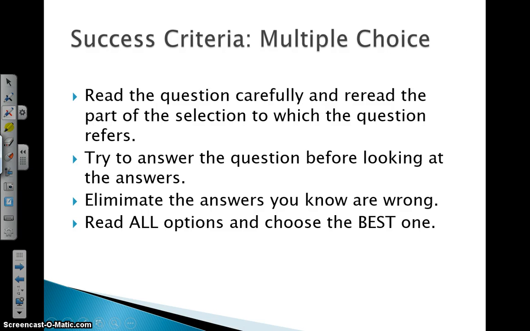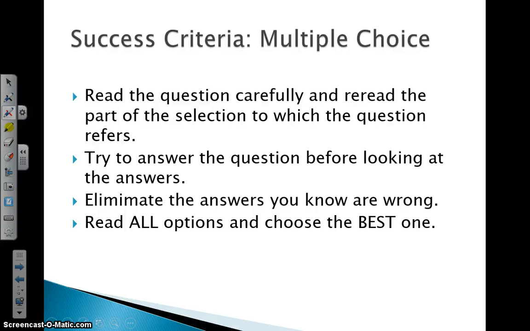Lastly is multiple choice and graphic text. On the test, all of the graphic text selection questions will be multiple choice. So just a reminder that for multiple choice, you need to read the question carefully and reread the part of the selection to which the question refers. If it says go back to paragraph 5 or look in a certain column or part of a chart, make sure you do that.